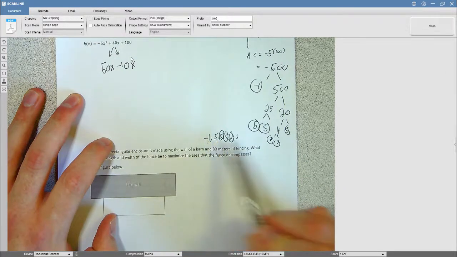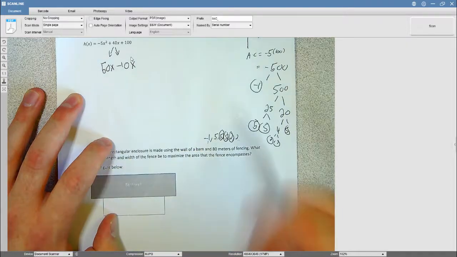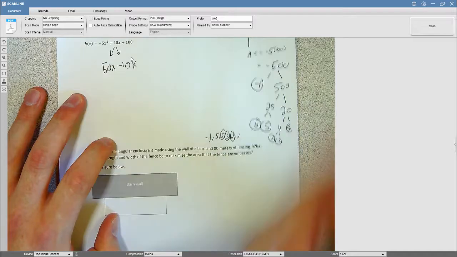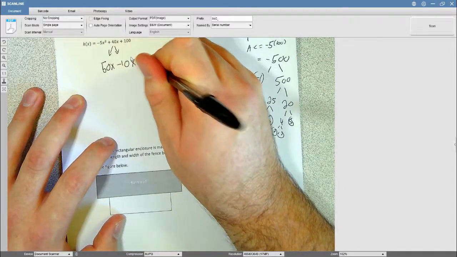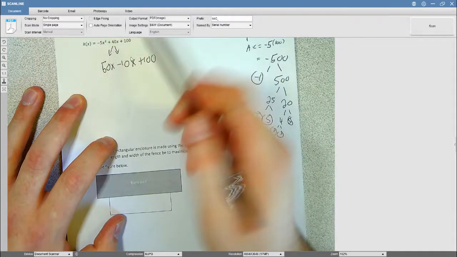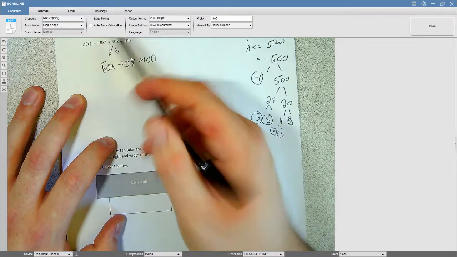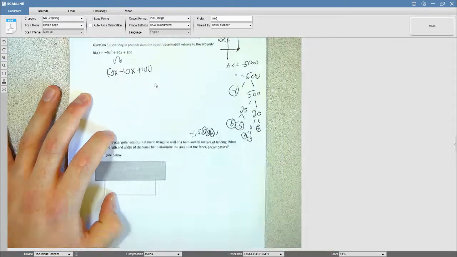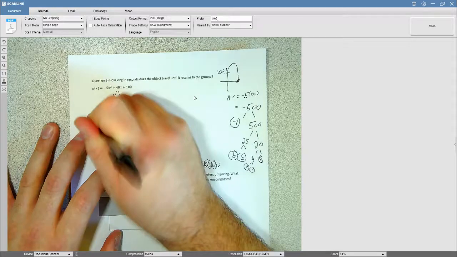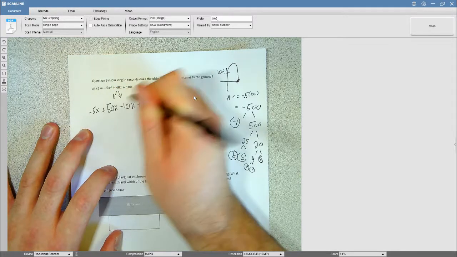The negative 1, the 5, the 2. You see where the 50 comes from? That's the 5, 5, and the 2. This is called the AC method, and it's really nice because it helps us factor trinomials when the a term is other than a 1, plus a negative 5x squared.